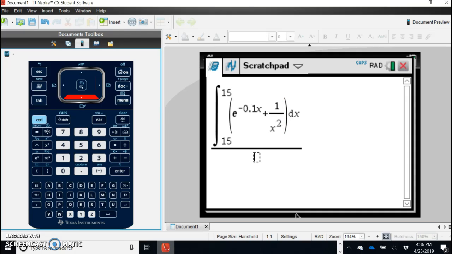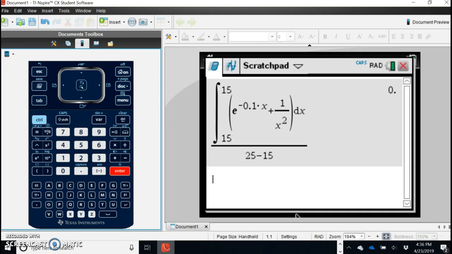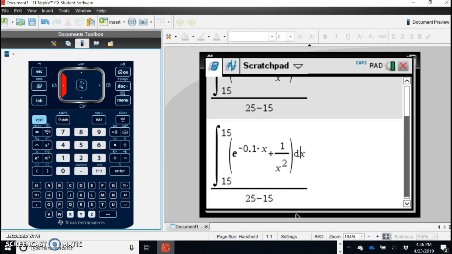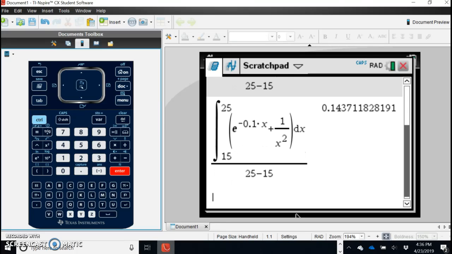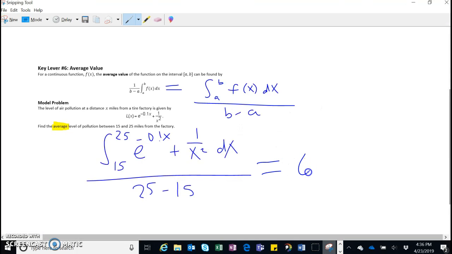And I want to divide, because it's an average, by 25 minus 15. Oh, look at me. I don't want the integral from 15 to 15. No wonder I got 0. That upper bound is supposed to be a 25. That's more like it. 0.1437 is the answer to this average value question. So we can come back over here and record that in our notes.